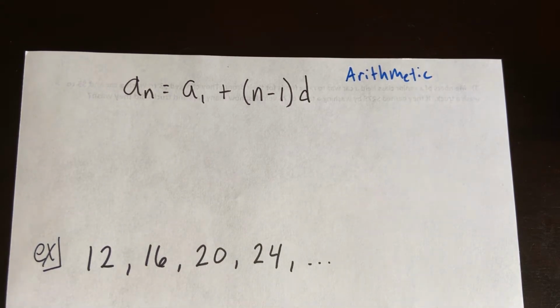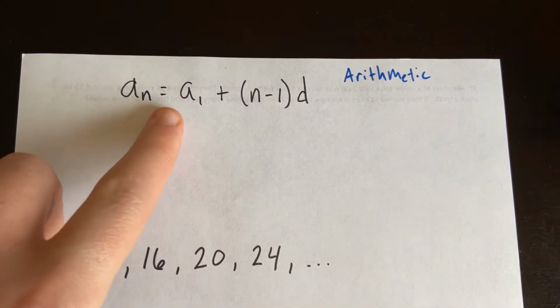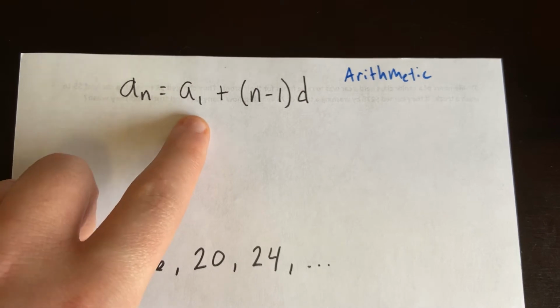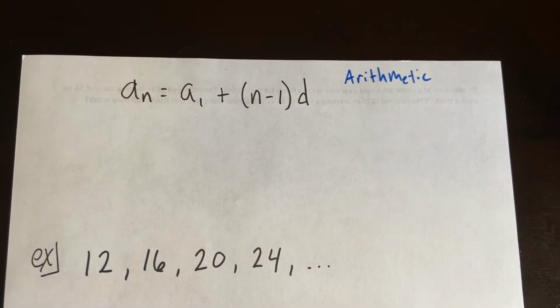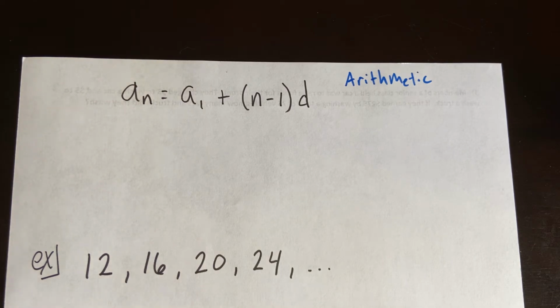So what you see here, this top line, we read this: a sub n is equal to a sub 1 plus parentheses n minus 1 times d. So this is the generic formula or equation that we're going to use in order to write the equation of an arithmetic sequence. All right, so let's break down these little pieces here.